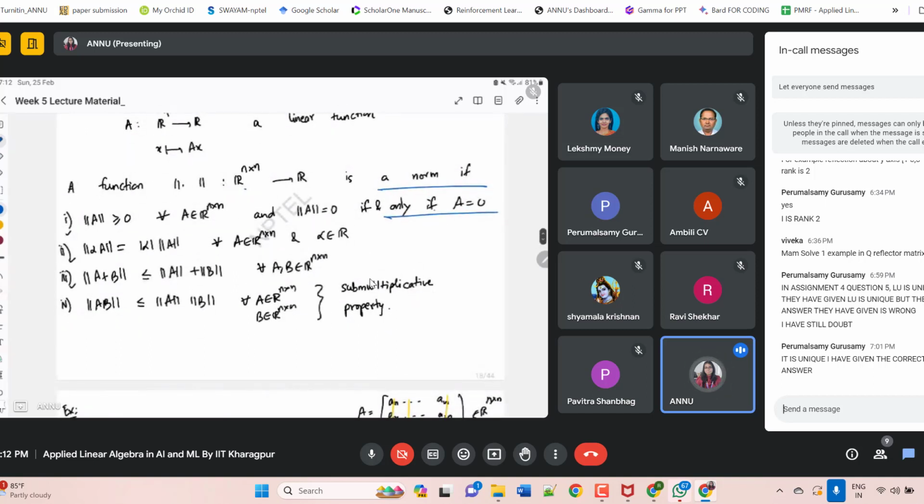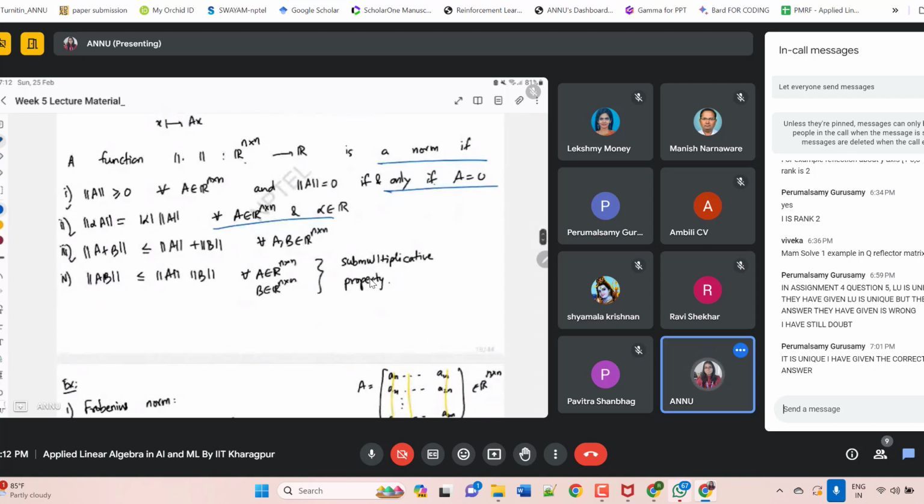The second property is that the norm of alpha A is equal to mod of alpha into norm of A, for all A belonging to this set and all alpha. These are the properties we should follow. The norm of A plus B should be less than or equal to norm of A plus norm of B. We saw this triangle inequality.